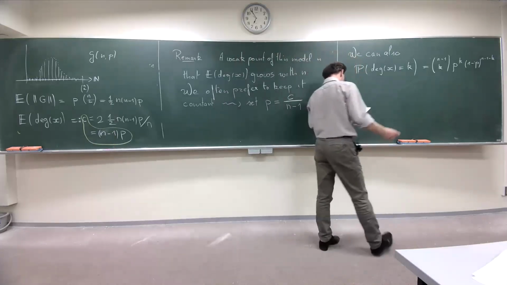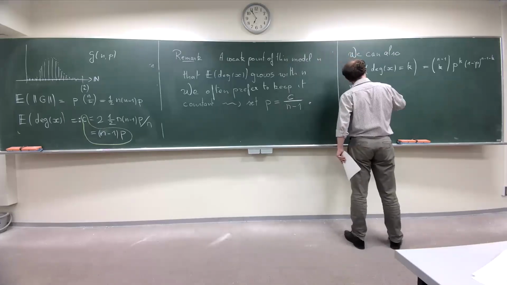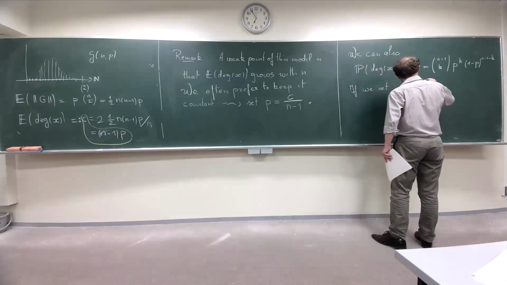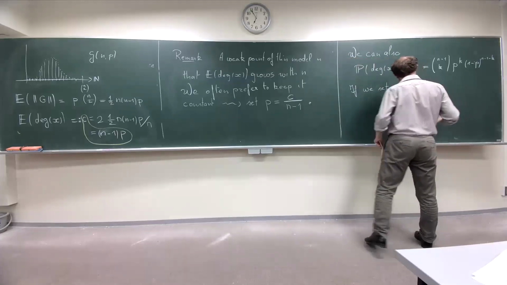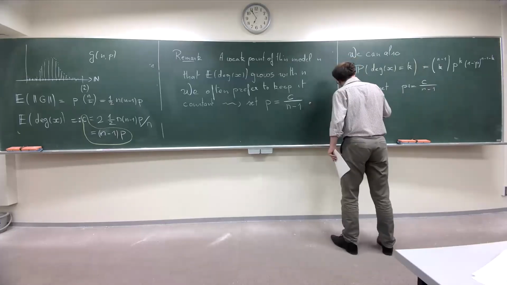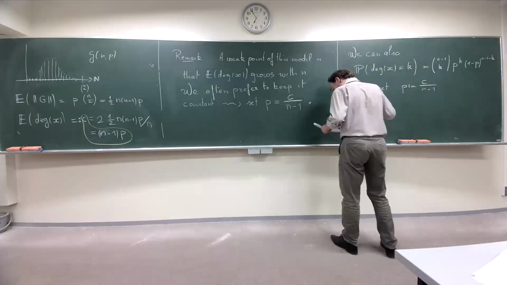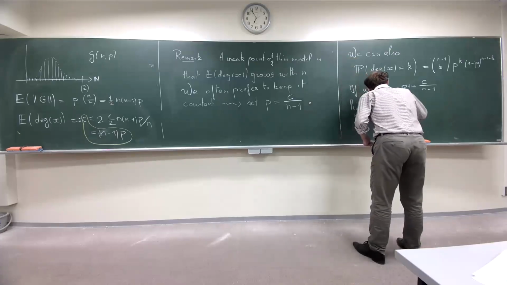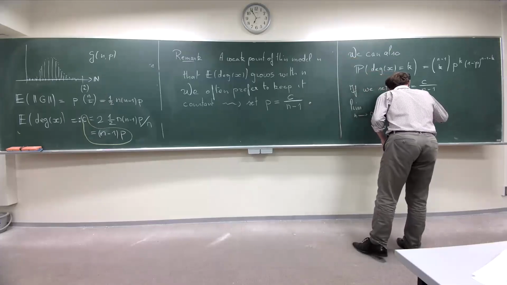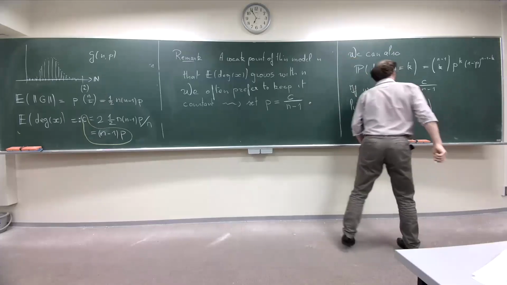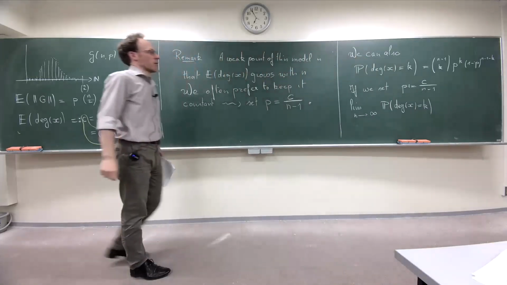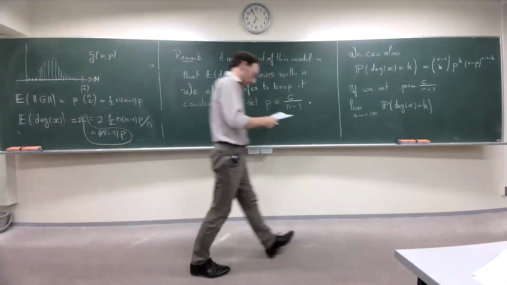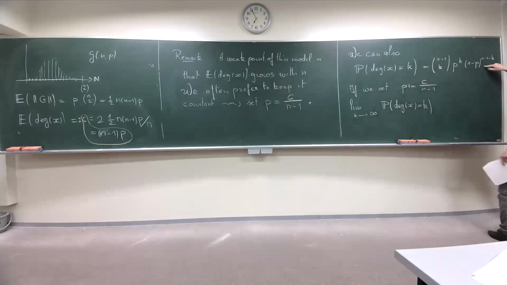What we can do now, if we set p as I mentioned here, c over n minus 1, then we can wonder what the limit is. First year student, this is a computation for you. What is the limit when n goes to infinity of this result?